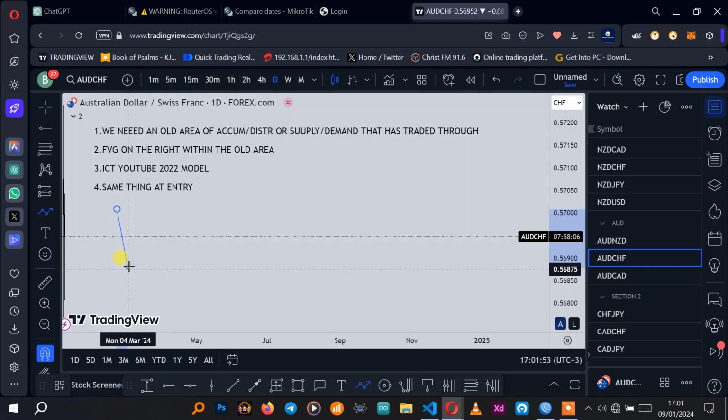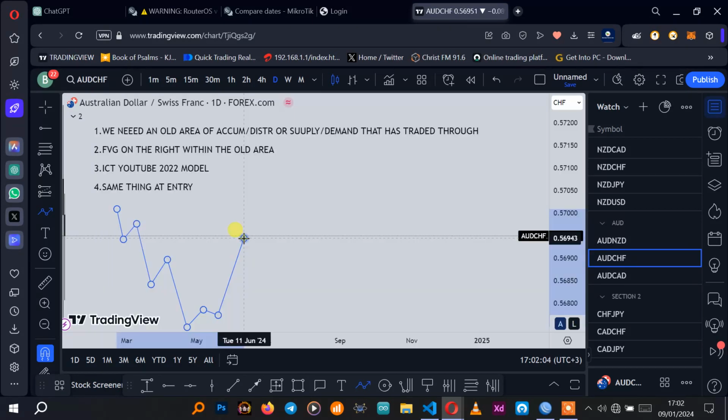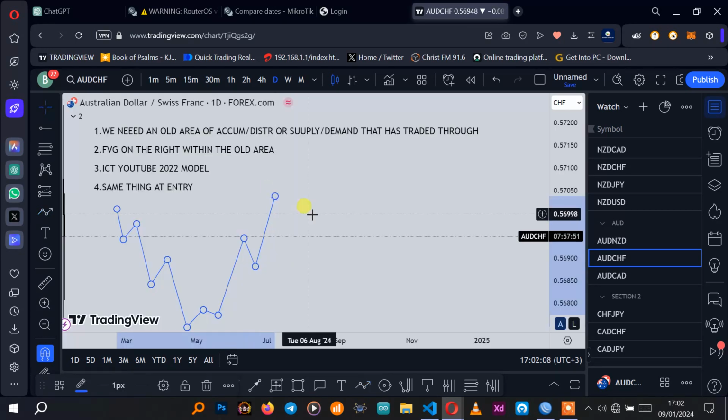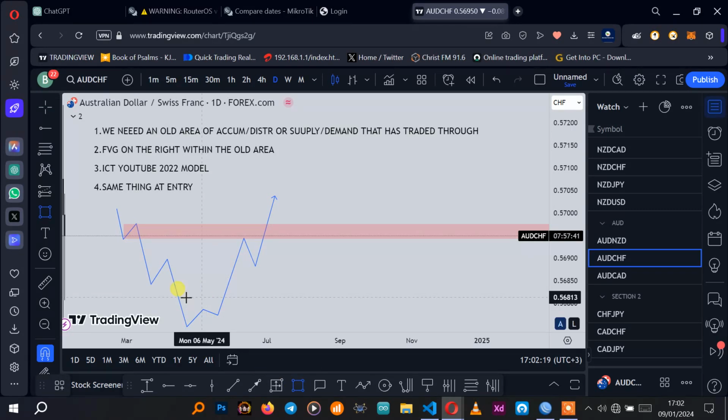Alright, so assuming price is going down, and then all of a sudden price starts going up. These are the old areas I'm talking about, of accumulation and distribution.